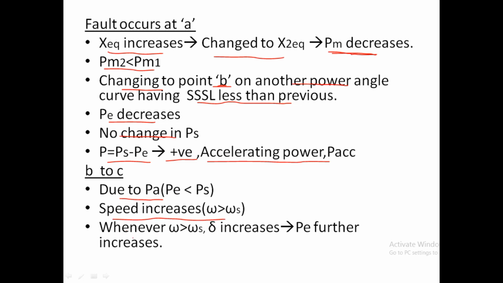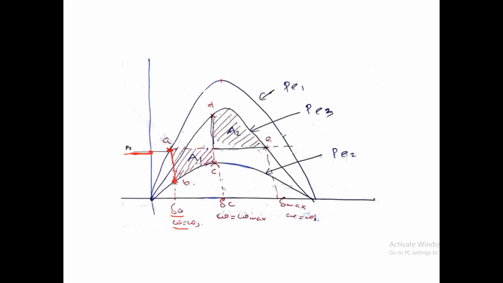Whenever omega is greater than omega s, delta increases and PE further increases. You can see that in this curve. So PE is less than PS, acceleration happens, omega and delta start to increase, and PE increases, as this curve represents PE. So it moves like this and reaches C.